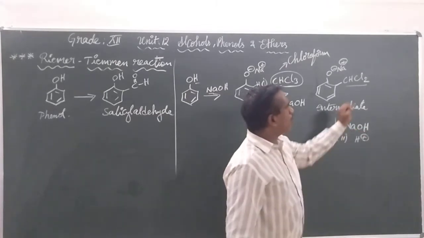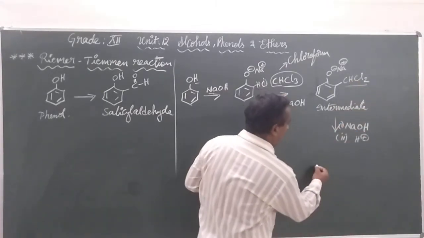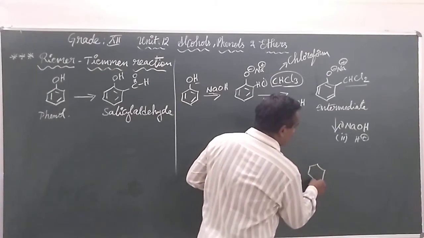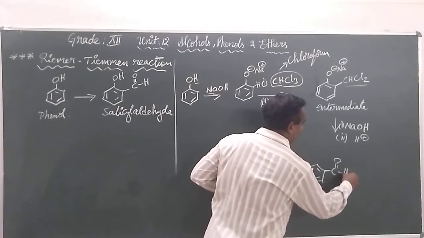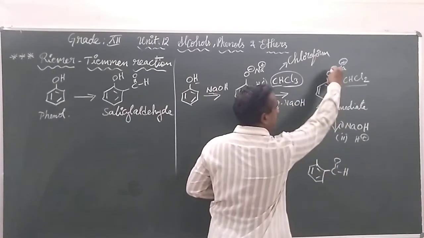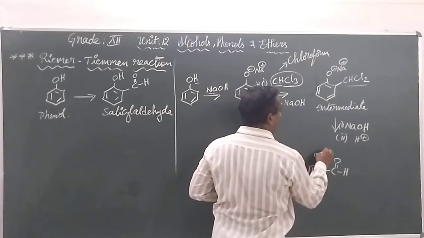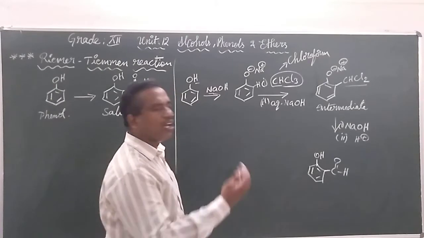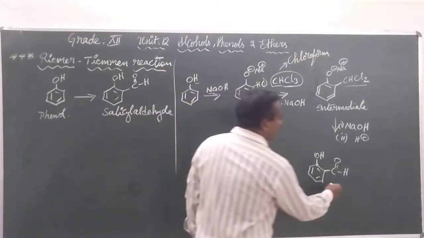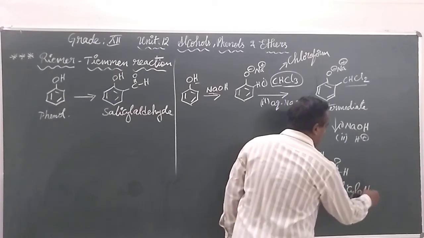The sodium hydroxide will make the CHCl2 group into the aldehyde group, that is the CH double bonded O group. The H plus is going to replace the sodium, forming the phenoxide into the phenolic group. So that is how we prepare the salicylic aldehyde.